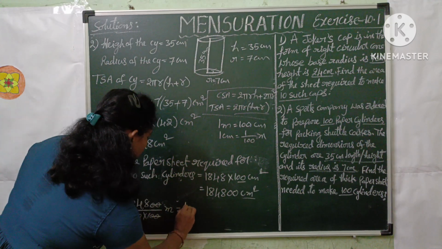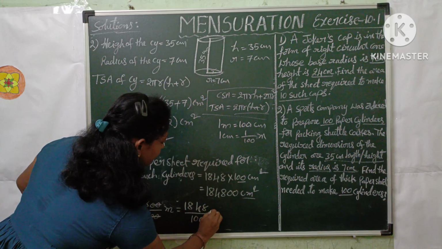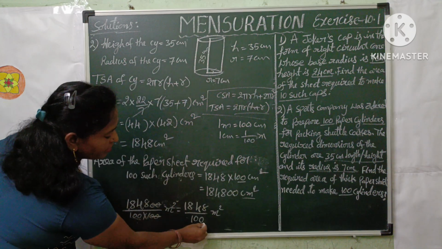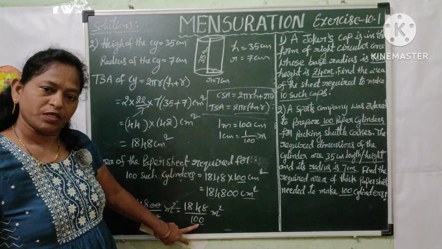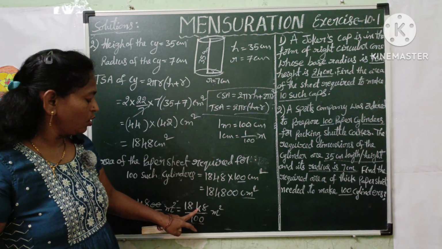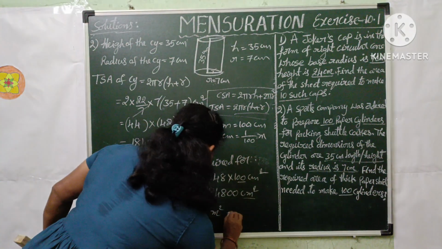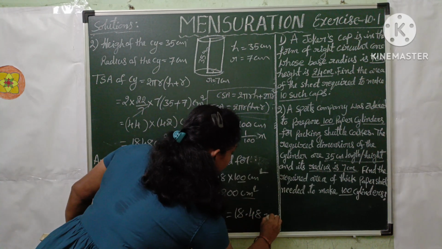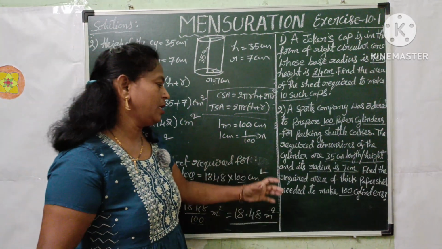That is equal to 1848 by 100 meter square. In the denominator it has 100, so 100 means 2 zeros. In the numerator part, we have to count 2 digits from right to left and keep the decimal point. That is equal to 18.48 meter square sheet of paper required for 100 cylinders.